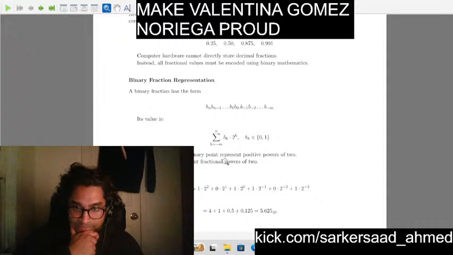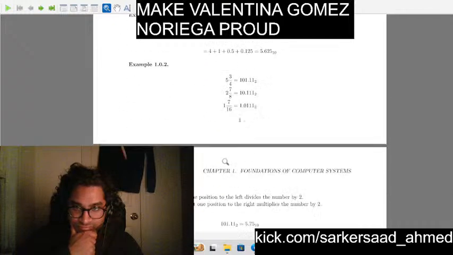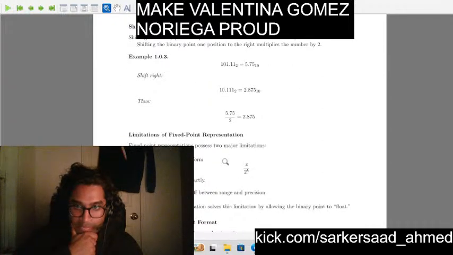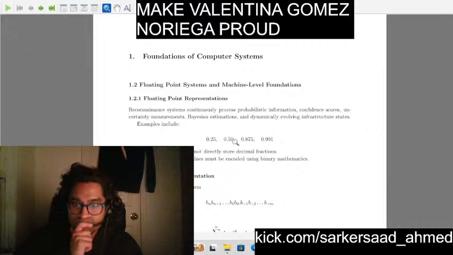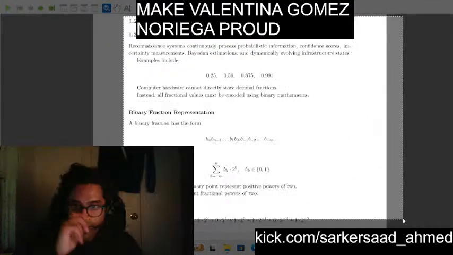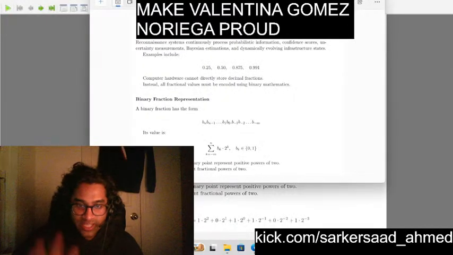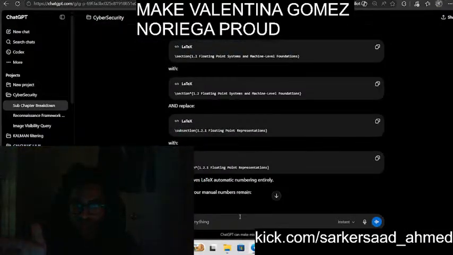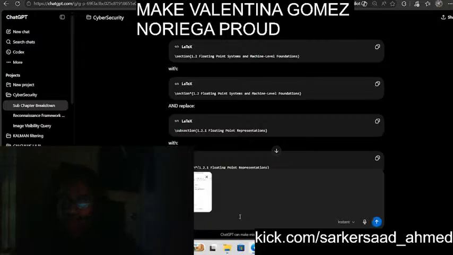I already know what's going on. How do I add that table, right?